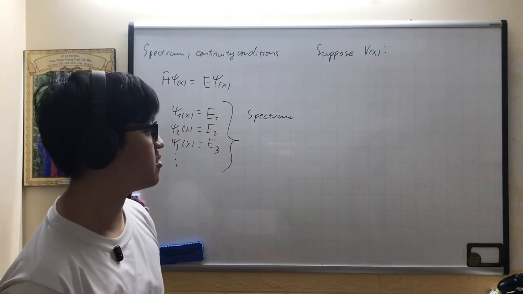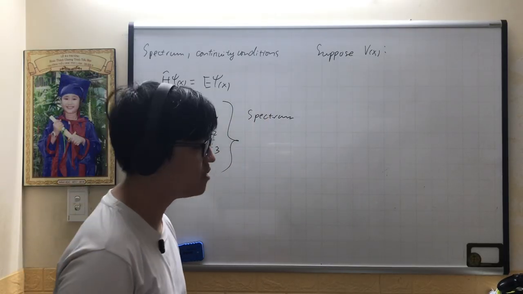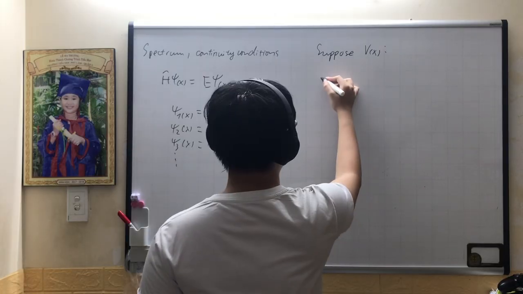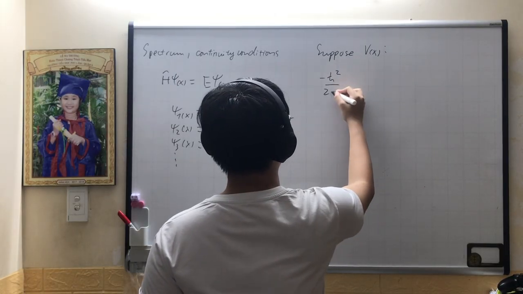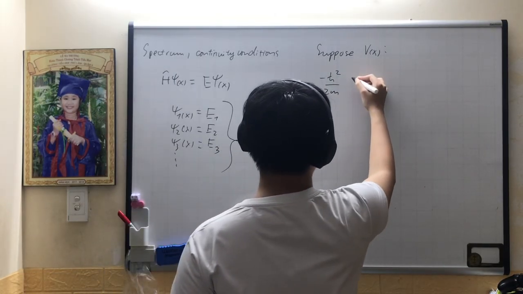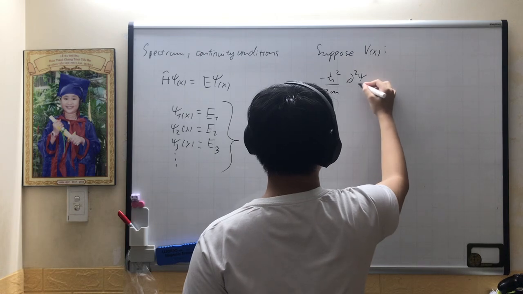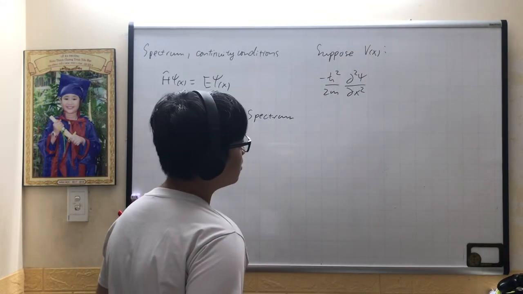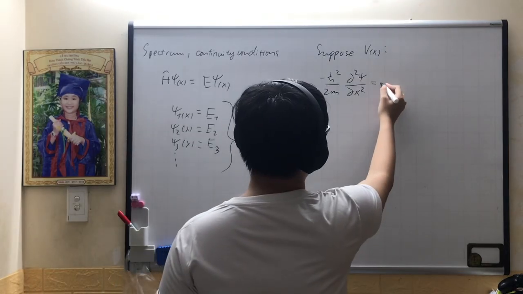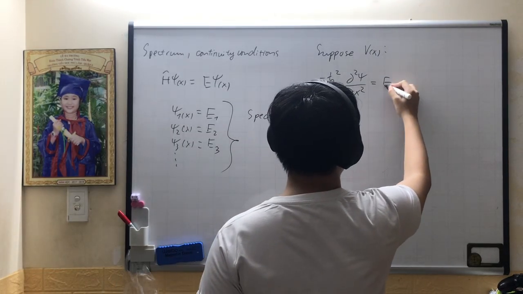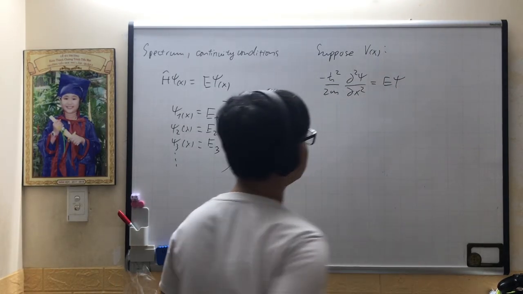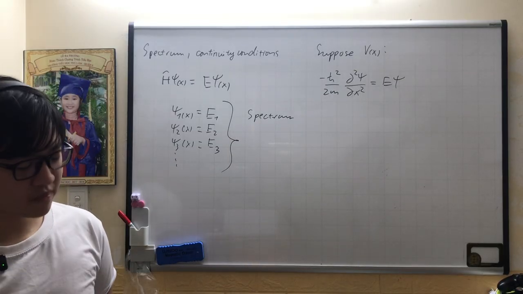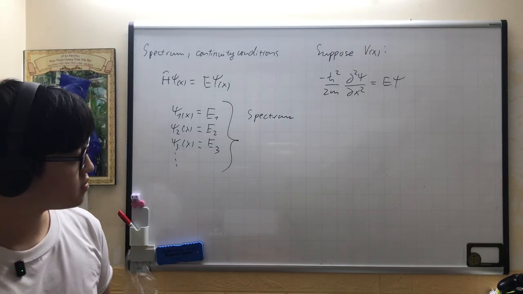And adding a potential would change your time independent Schrodinger equation as follows. So let's write down your time independent Schrodinger equation. That is this, and you would remember this is equal to the energy, right? Now the energy is split into a kinetic part and a potential part.